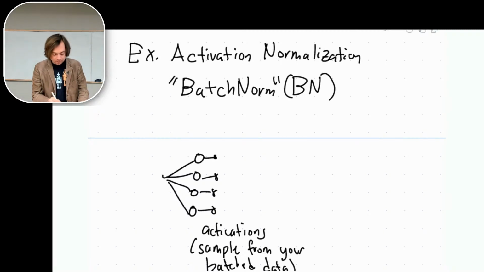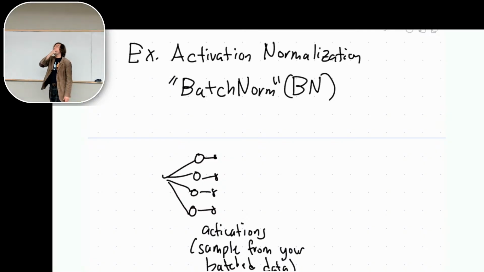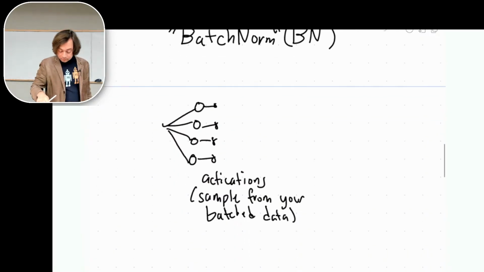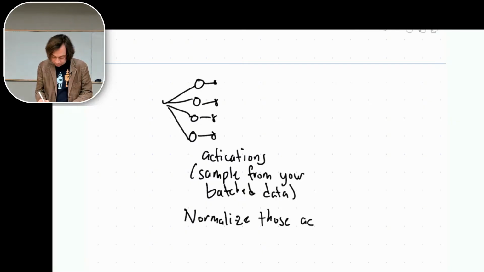Meaning, you send in a data point, it goes through the network, then it activates, and comes out. These are numbers. Those are activation numbers. And then you normalize those activations across the batch.